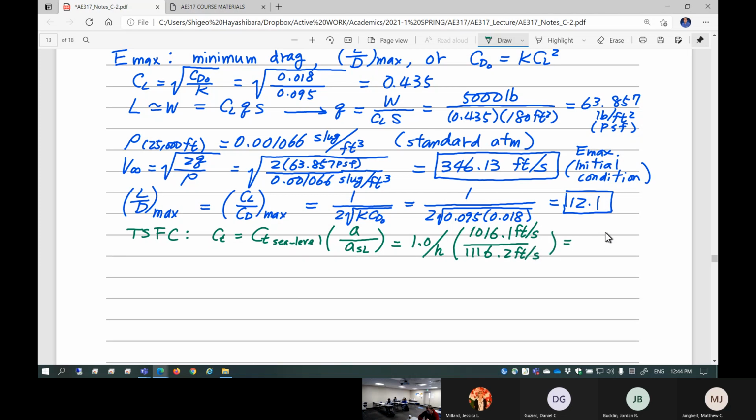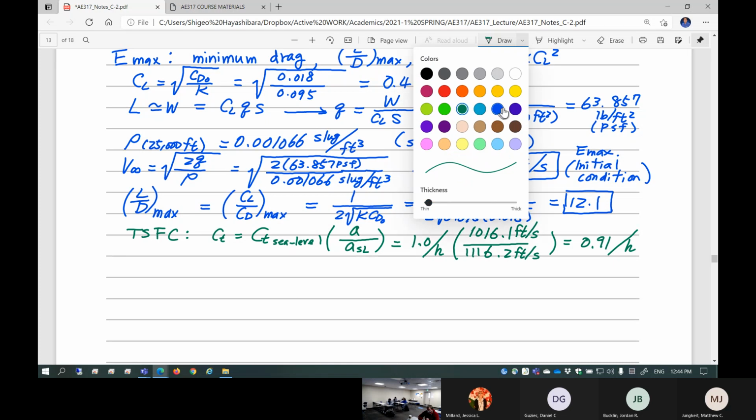If you do that, you can come up with the TSFC at 25,000 feet, which is slightly better than sea level, 0.91 per hour. So if you fly at 25,000 feet altitude, of course, you can save your fuel, because it's not sea level.